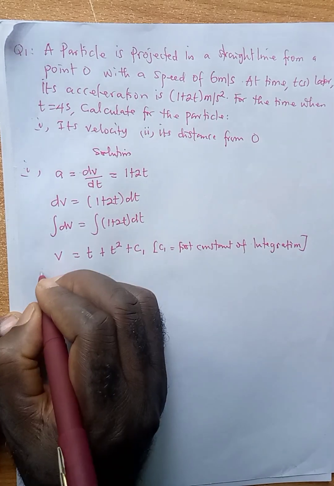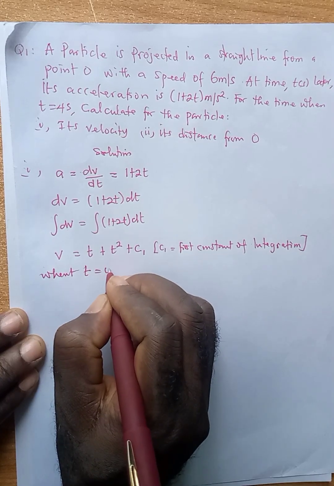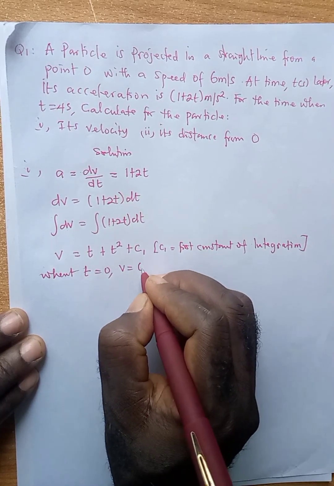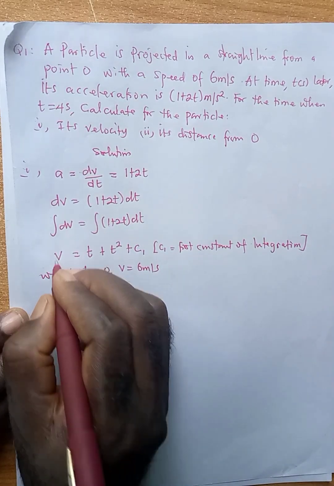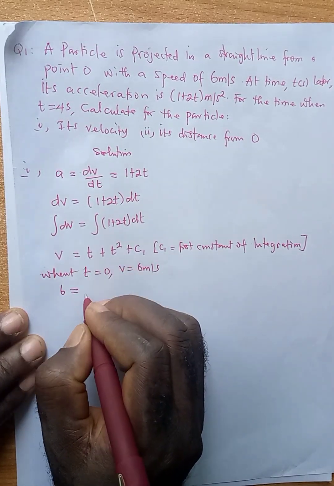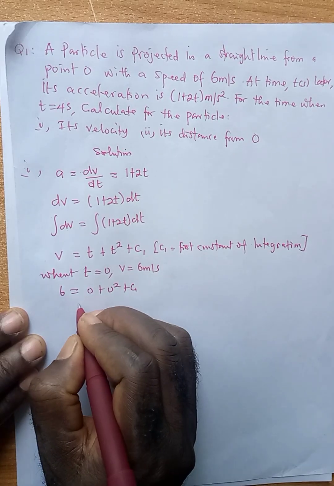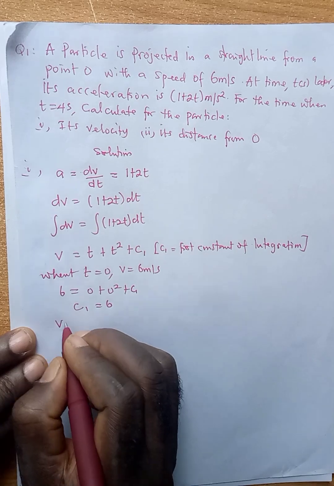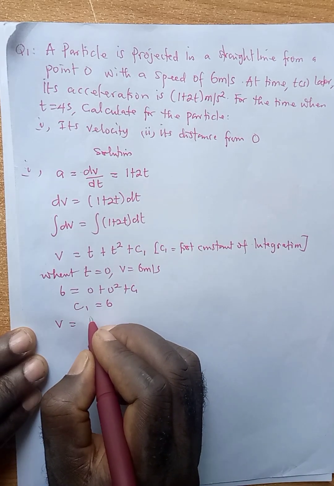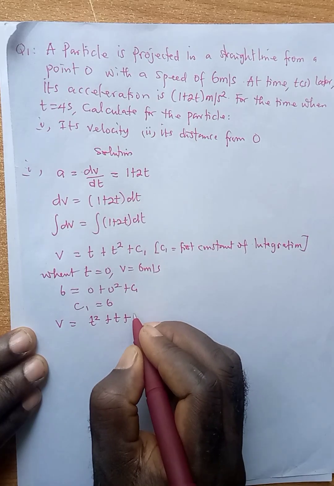But we were told that when the time t is equal to 0, the velocity is 6 meters per second. Then when we substitute, the velocity is 6, the time is 0, so 6 equals 0 plus 0 squared plus c1. From there we get c1 equal to 6. Then the velocity function is v equals t squared plus t plus 6.